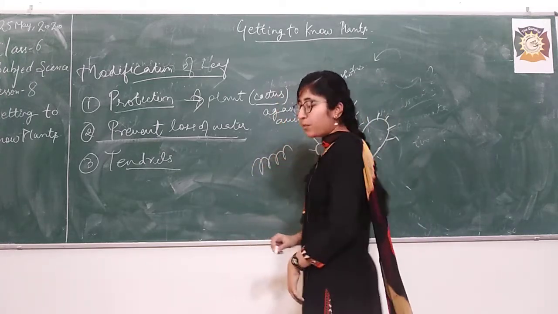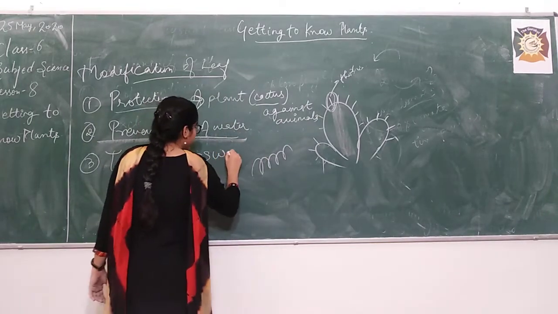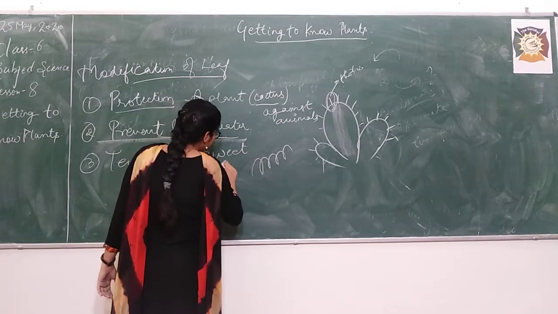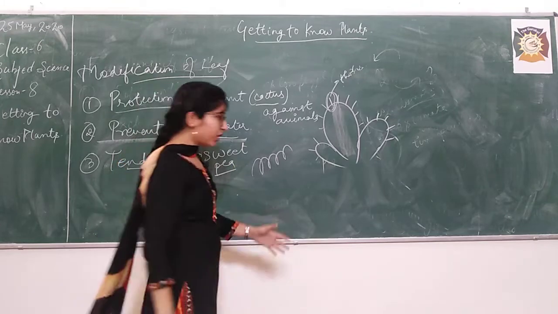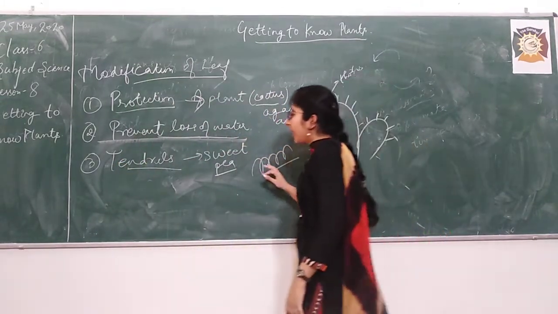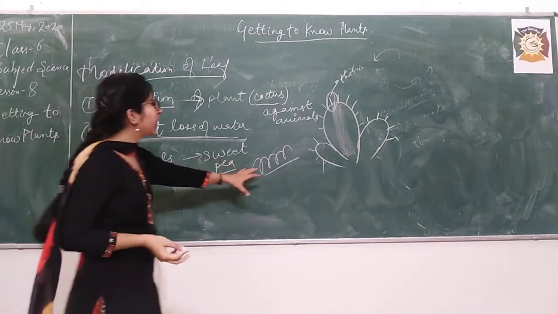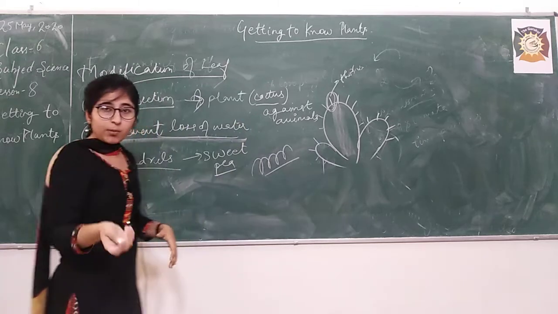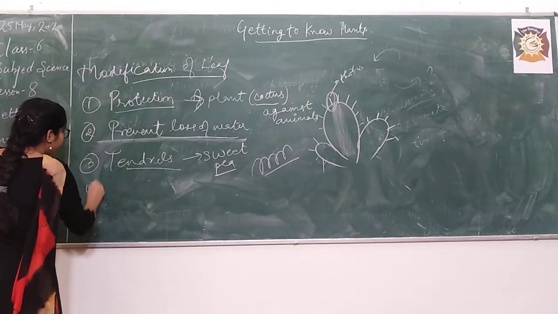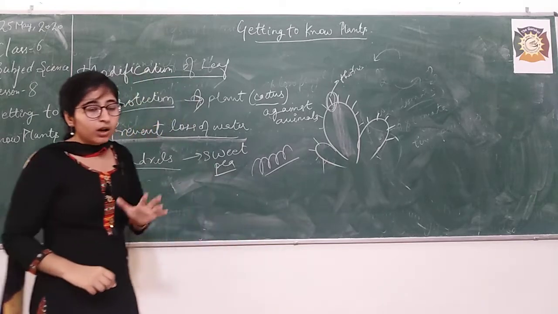So what is the example where leaf is modified as tendrils? One example is sweet pea. There is a pea plant in which leaves are modified into tendrils, right? And then what do these tendrils do? Same, they help this plant to get support from a nearby plant or nearby tree or nearby wall.